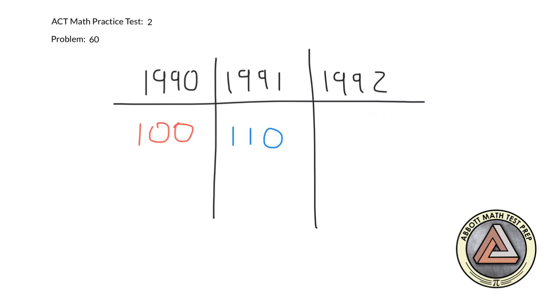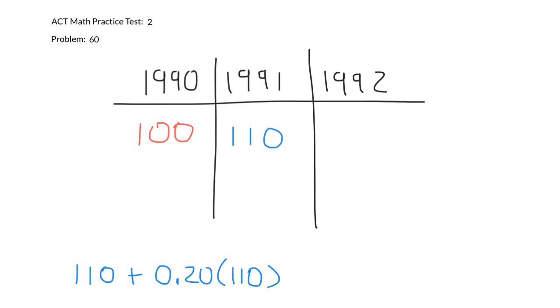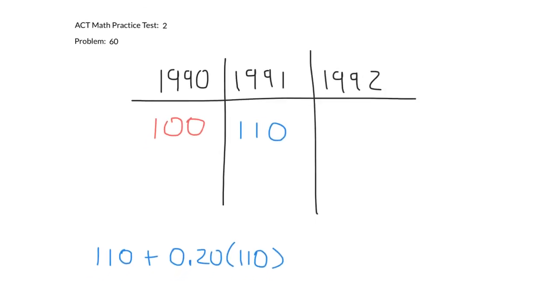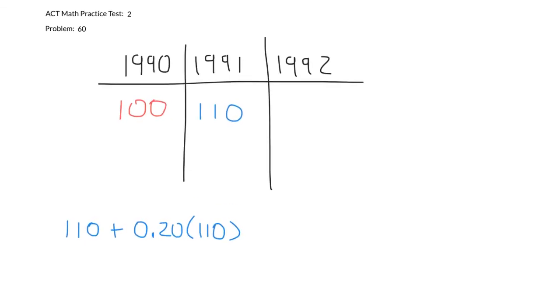If we want to know what 110 is increased by 20%, well, in reality, it's 110 plus 20% of 110. Now you may have noticed I represented the percentage as a decimal. Almost always when you're doing calculations, you're going to want to use a decimal instead of an actual percentage.